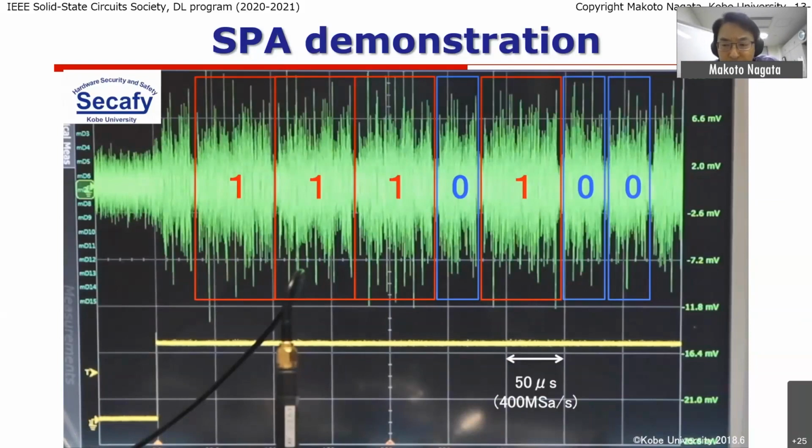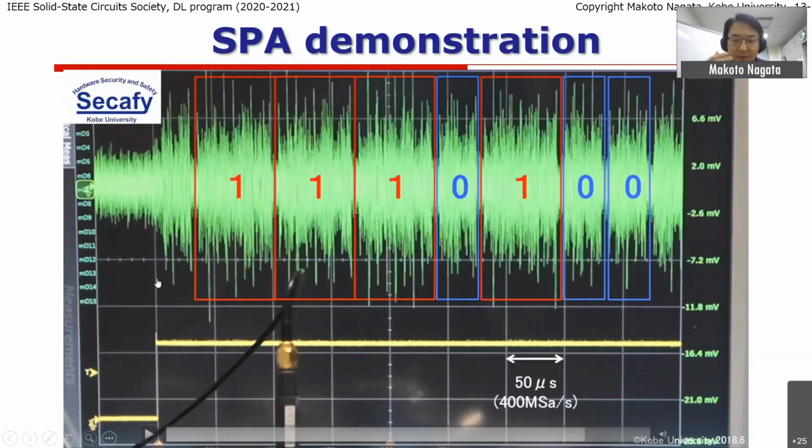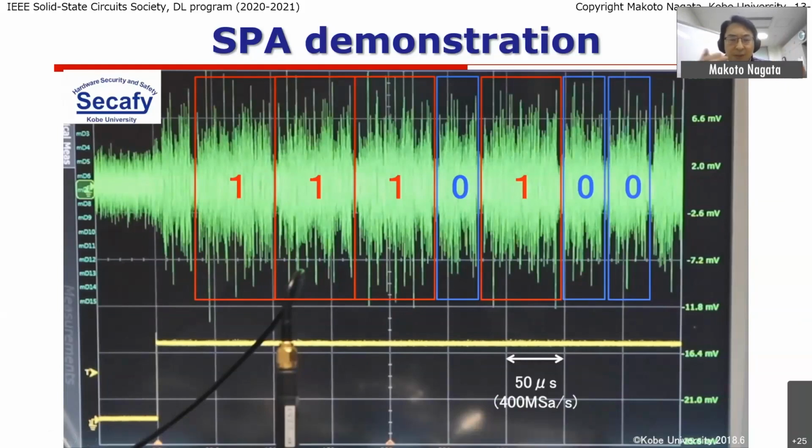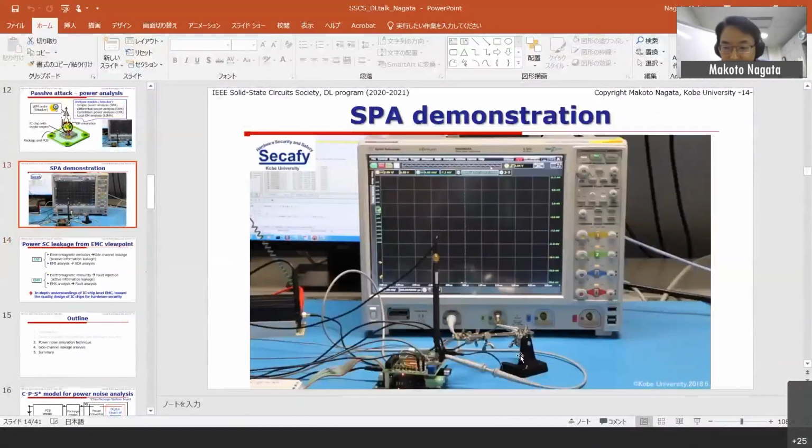You may consider some techniques that can reduce the level of the output, but it's not easy to completely eliminate the correlation of the noise with the internal operation of the cryptographic circuits. Okay, so this was the video I showed you.